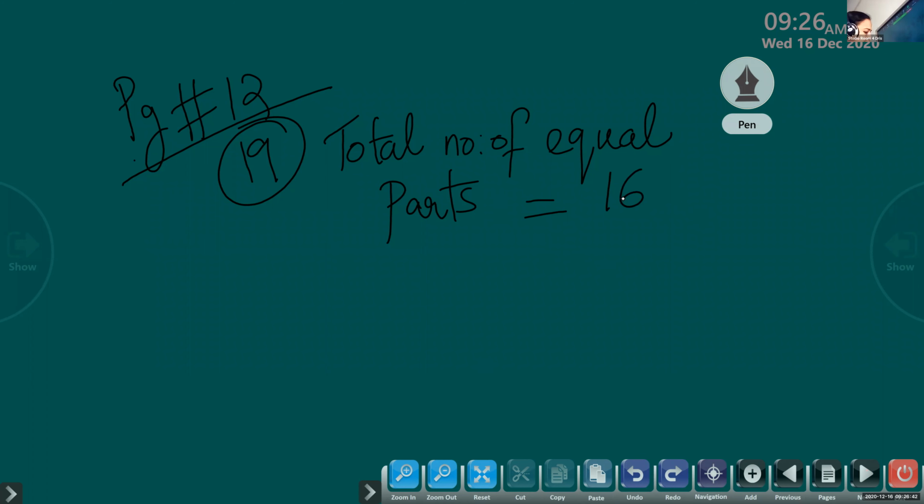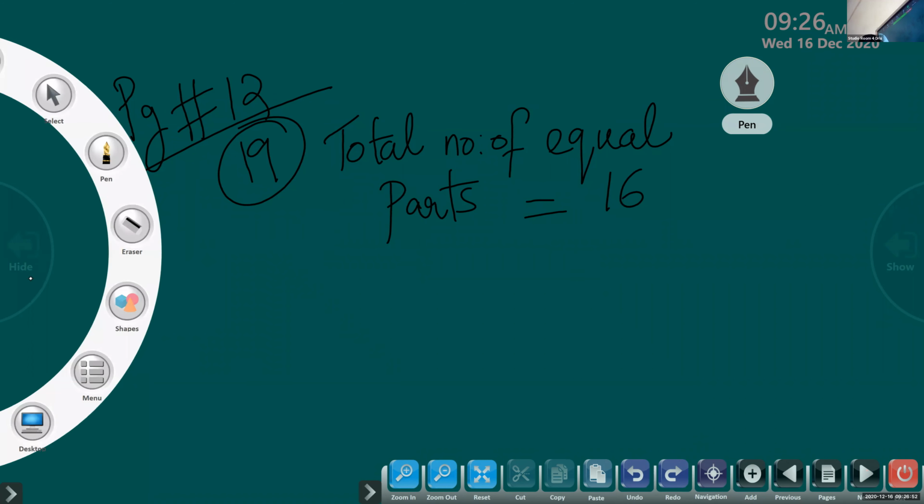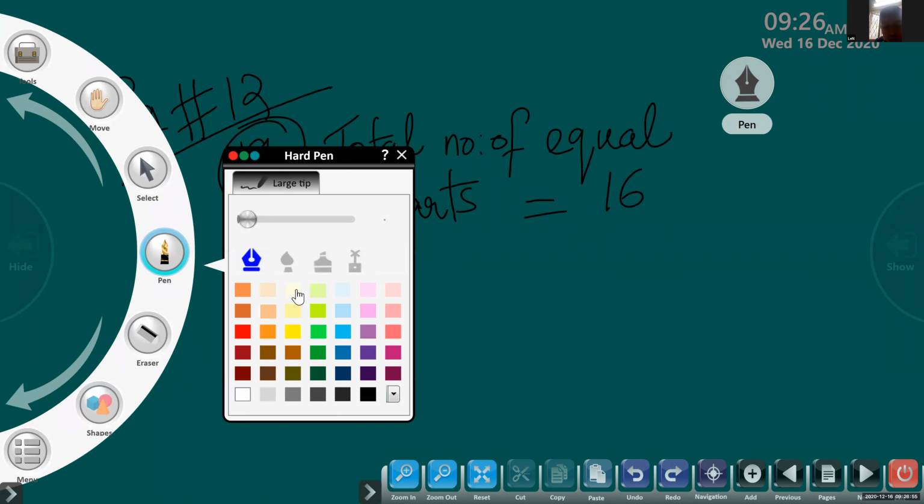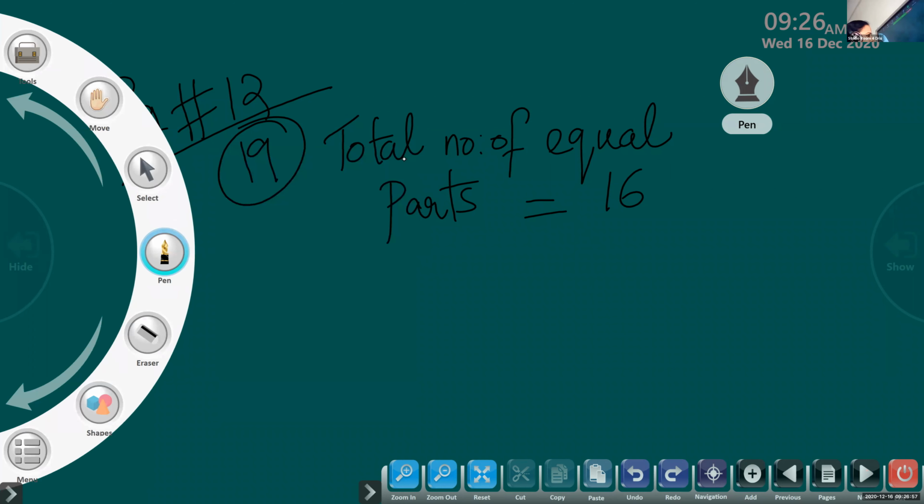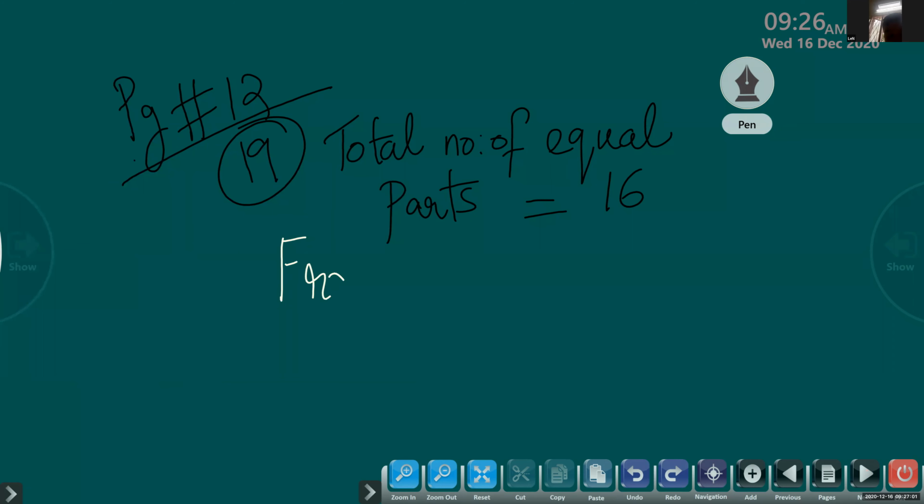I want to now write for fraction 4. Which color do we have 8 by 16, Len? Yes, ma'am. Which color is used? Orange. So, children, we can write next one, fraction for orange color.